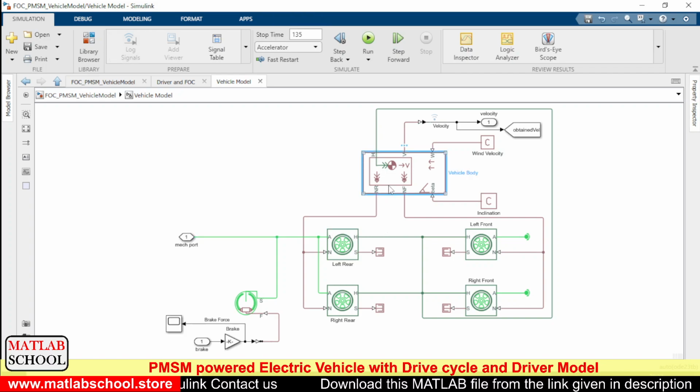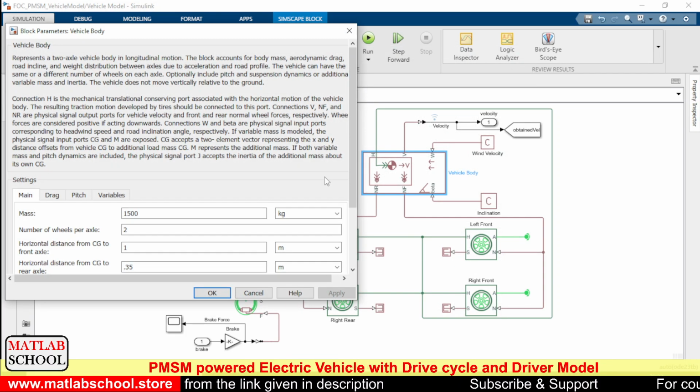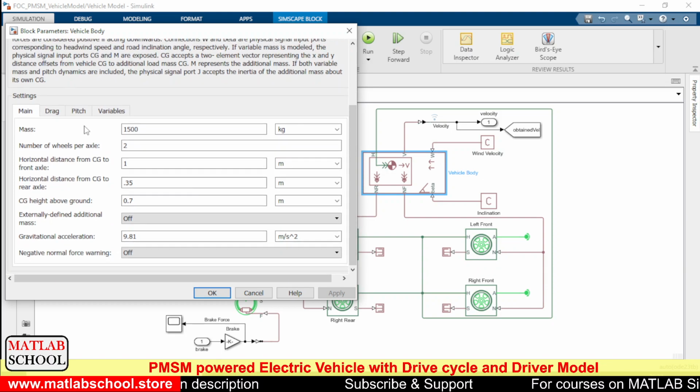Here we have the vehicle body and the parameters of the vehicle body. These are the parameters that we feed in. The mass of the vehicle is 1500. The number of wheels per axle is 2. And we are giving a few more details which are relevant to mechanical engineering.